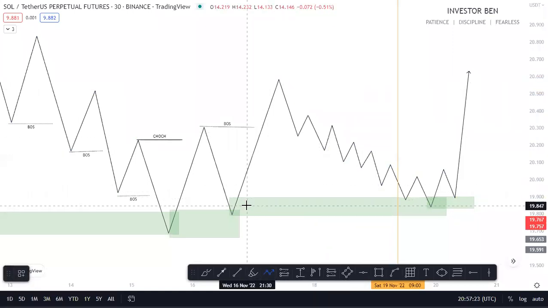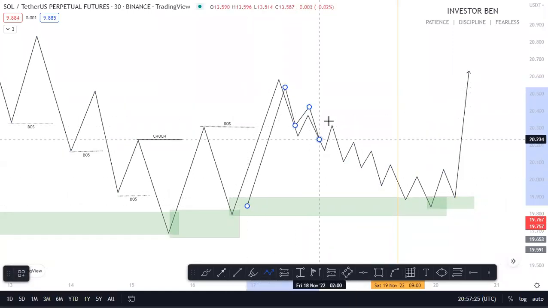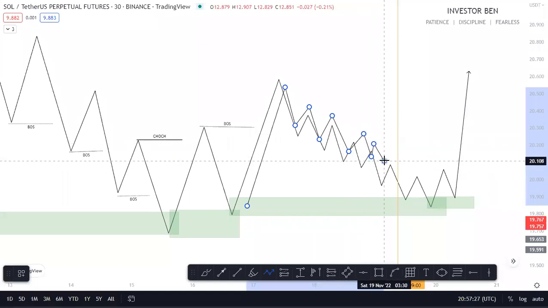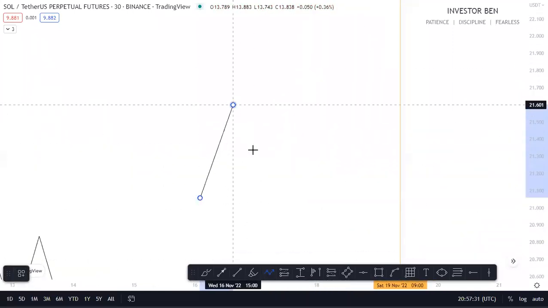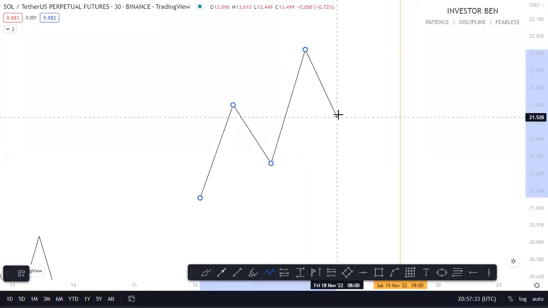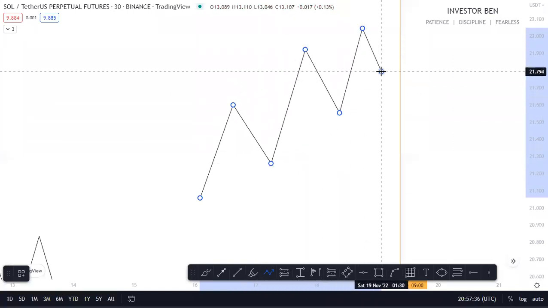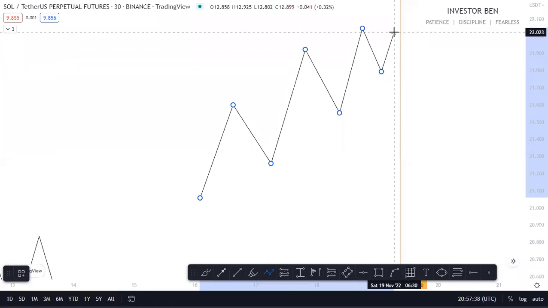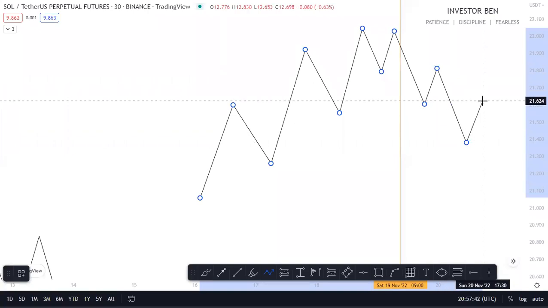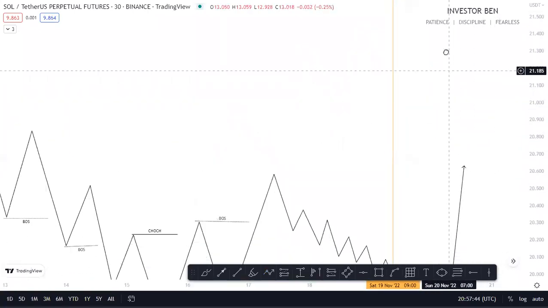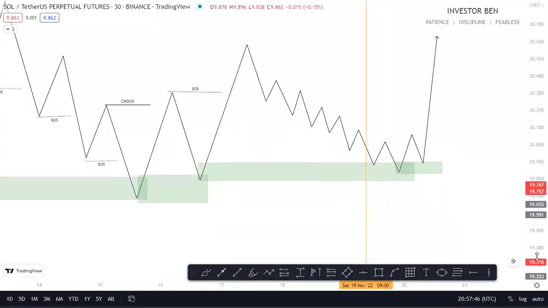This is an expansion here, then these things are retracement. In an uptrend like this, you have expansion, retracement, expansion, retracement, expansion, retracement. In a downtrend, you have expansion, retracement, expansion, retracement, expansion. So you should take note of things like that.